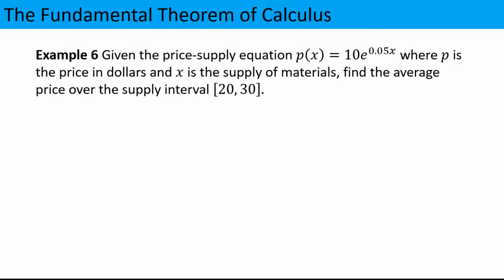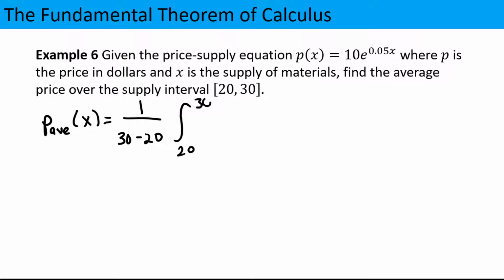We will use the average function theorem, and so we'd have P average with respect to X is equal to 1 divided by the difference of the endpoints, that's 30 minus 20, and we integrate from 20 to 30 of the price-supply equation, which is 10 e to the power of 0.05x dx.